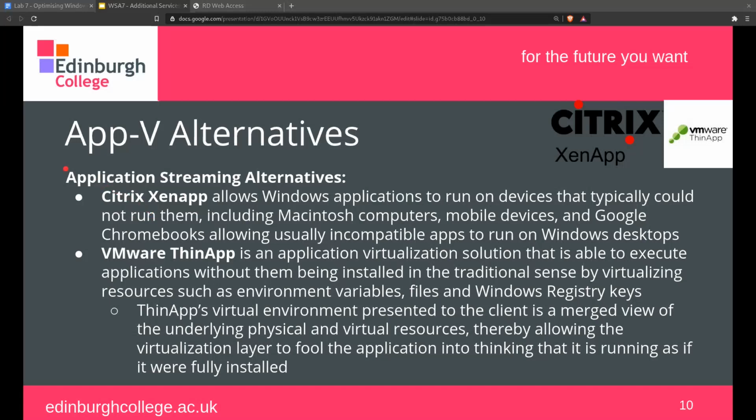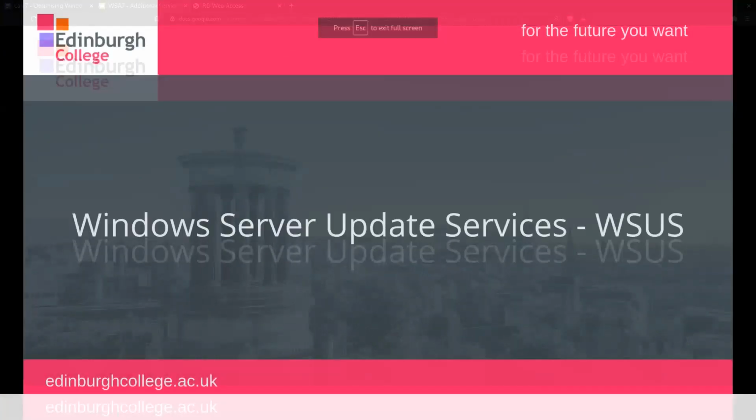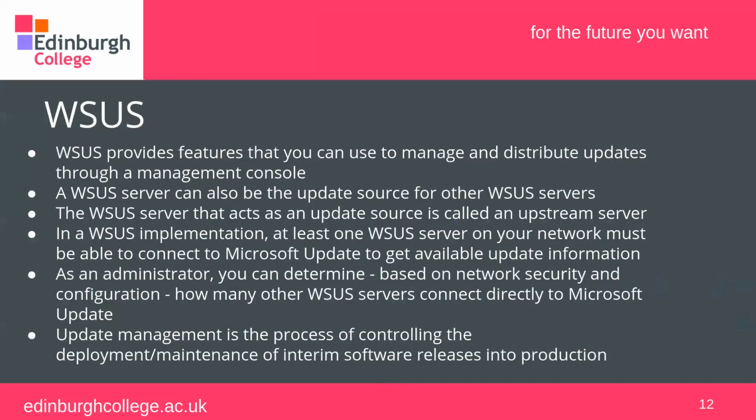Now, that's enough about remote services. Let's have a look at update services, Windows Server Update Services specifically. The nickname for Windows Server Update Services is WSUS. Okay, WSUS. So, WSUS provides features that you can use to manage and distribute updates through a management console.